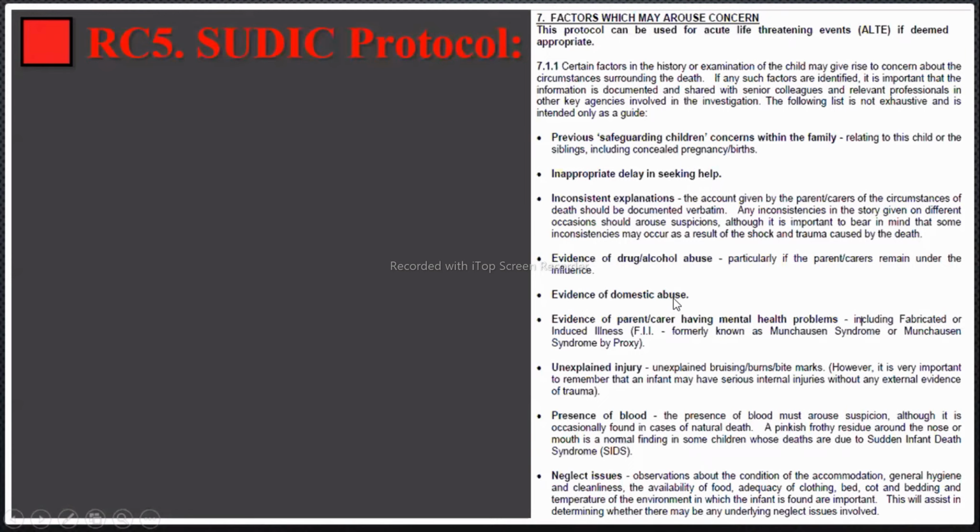Evidence of domestic abuse. So the husband hit the wife, any domestic abuse, it can raise concern. Evidence of parent or carer having mental health problems, unexplained injury, presence of blood, neglect issues. So it's very important. It can be an option in the exam. You have to read that.